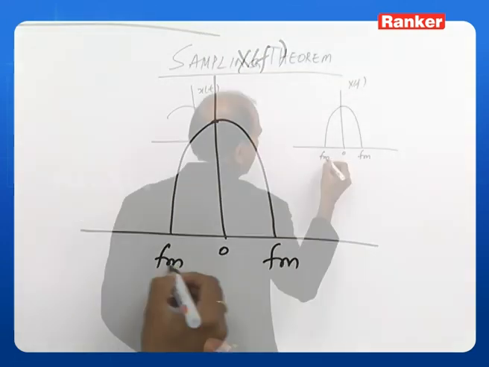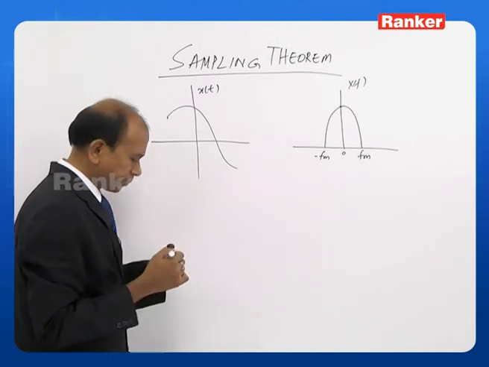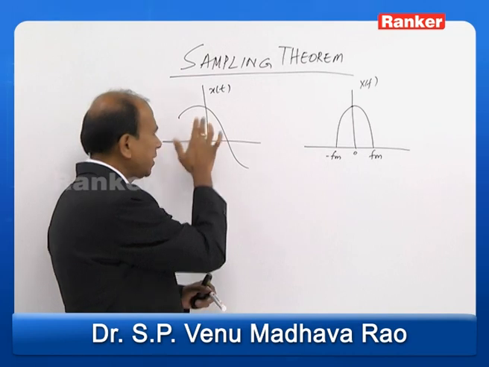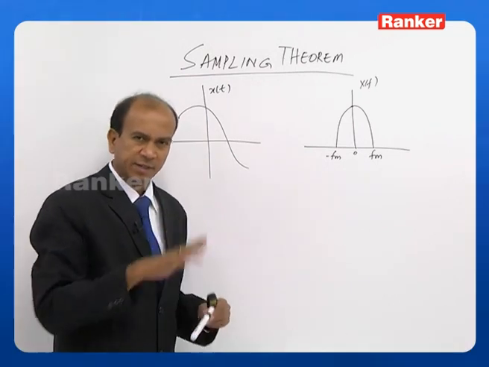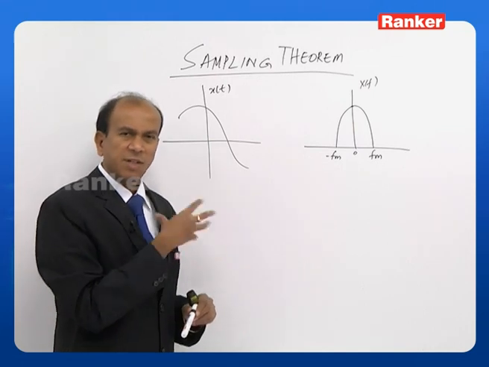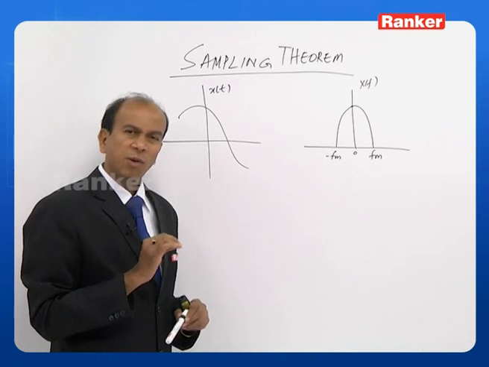Now, we have to sample this with a delta function, which has a rate of Fs, that is Ts is equal to 1 by Fs. So, it is the pulse train which has a period of Ts equal to 1 by Fs.